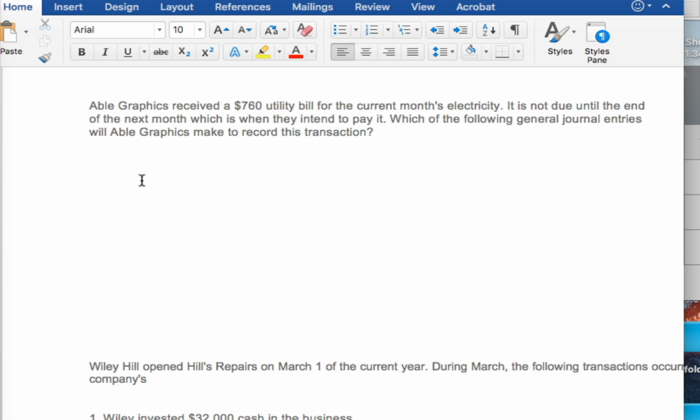So since we're trying to match that expense to current revenue, as soon as we get this bill, if we're recording it right away, we want to make sure that we're recording an expense. Remember, to have it be a recognized expense, we need to have it go into some type of expense account.